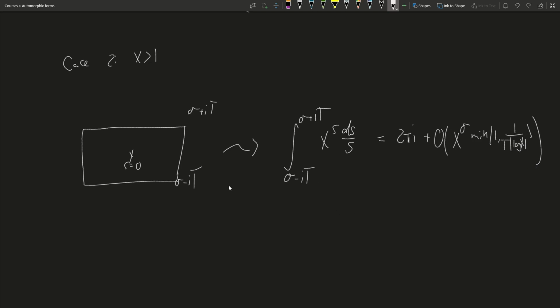Okay, and case 3 is going to be x equal to 1. In this case, you just don't have an x to the s here. You're just integrating ds over s, which has an elementary antiderivative, it's log. And so what you get is that this is equal to pi i plus probably the same error term, if you work it out.